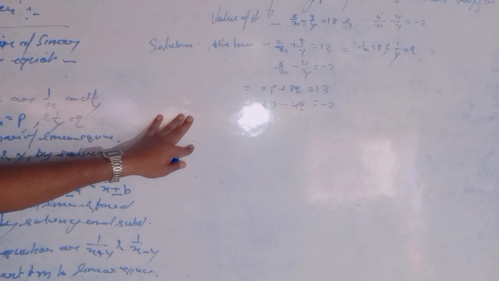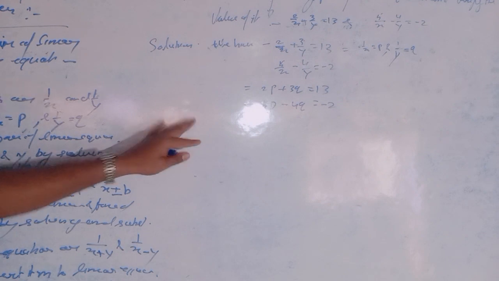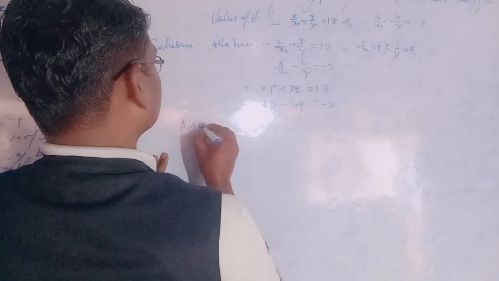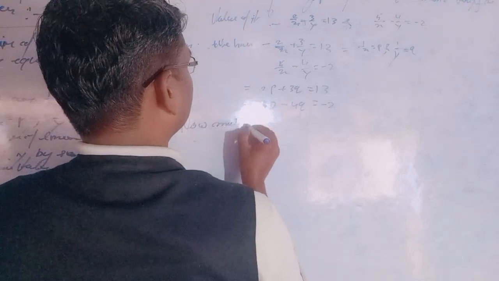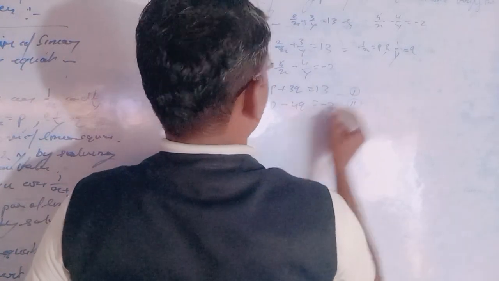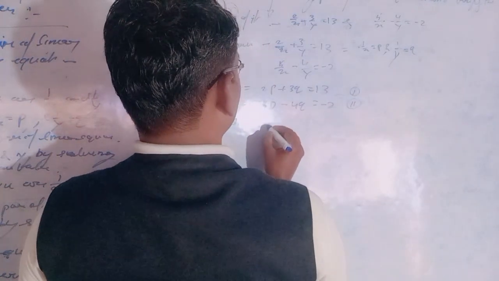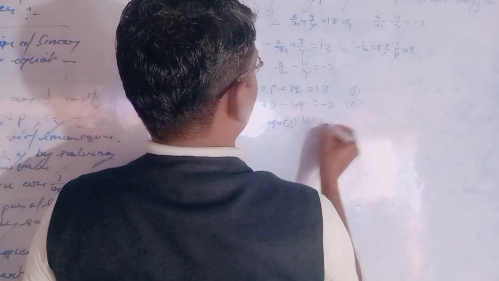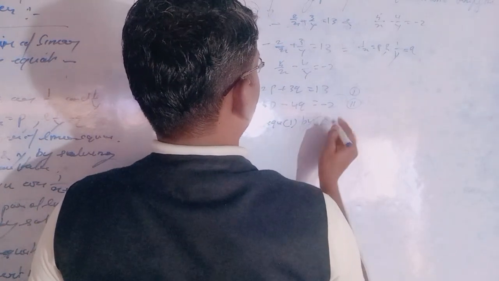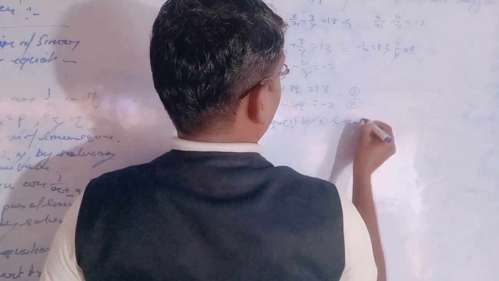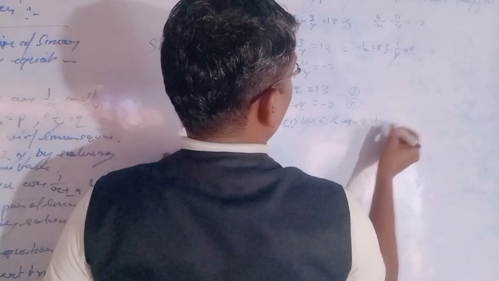So this is the pair of linear equations. Now multiply equation 1 by 5 and equation 2 by 2.